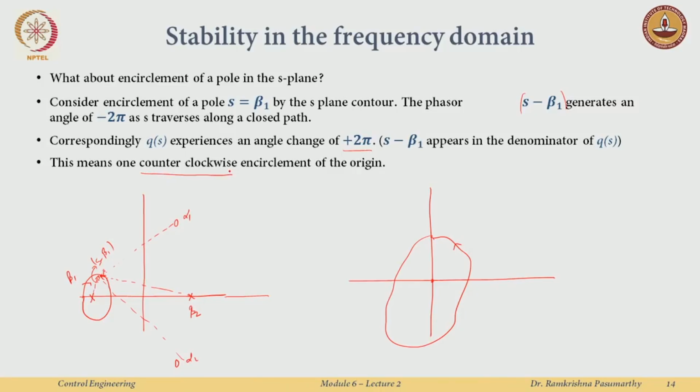Okay. Again, we will not really see why exactly we are encircling the origin, it is maybe based on the same arguments as before. What we will just try to understand is the following: if in the S plane I encircle a 0 in the clockwise direction, the corresponding contour in the Q(S) plane encircles the origin once in the clockwise direction.